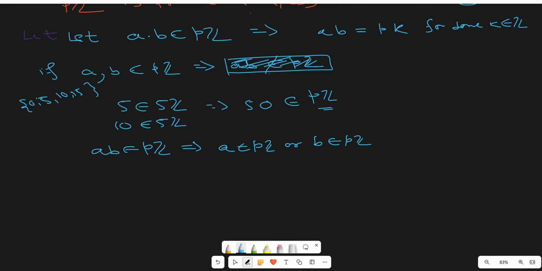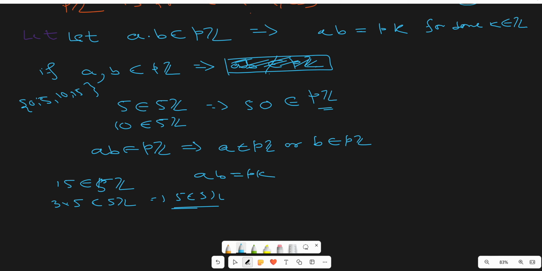Suppose for example 15 inside 5Z. So 3 into 5 inside 5Z implies that 5 inside 5Z.